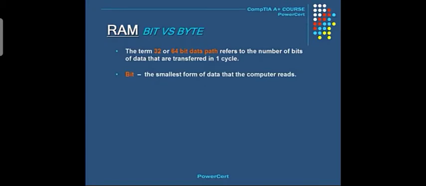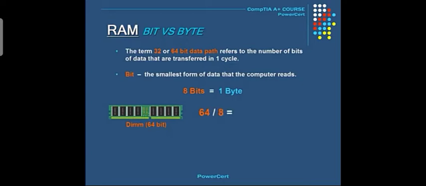Now there's also the term byte, and 8 bits is equal to 1 byte. So if a memory DIMM is rated to have a 64-bit data path, then that means that it has an 8-byte wide data path or bus, because 64 divided by 8 equals 8.